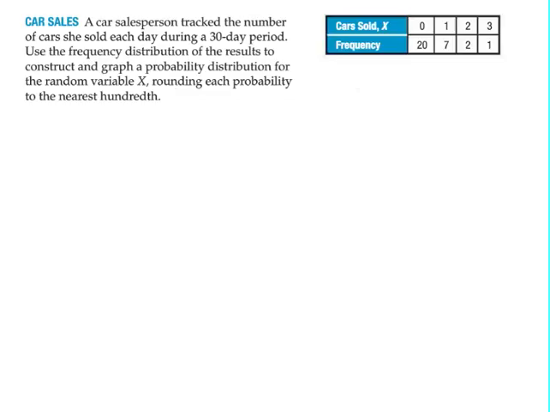Okay, so now we're going to do the same thing with this one. We're going to construct a probability distribution for the random variable, rounding each probability to the nearest hundredth. So here we go, we start with this, right?